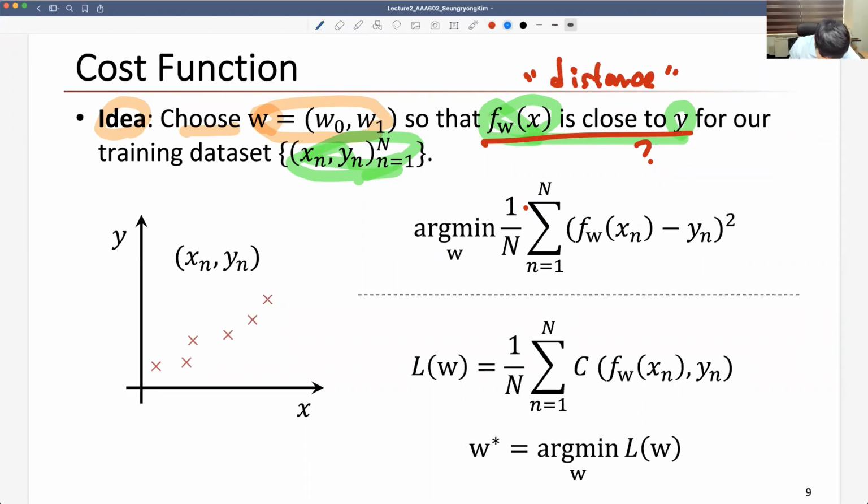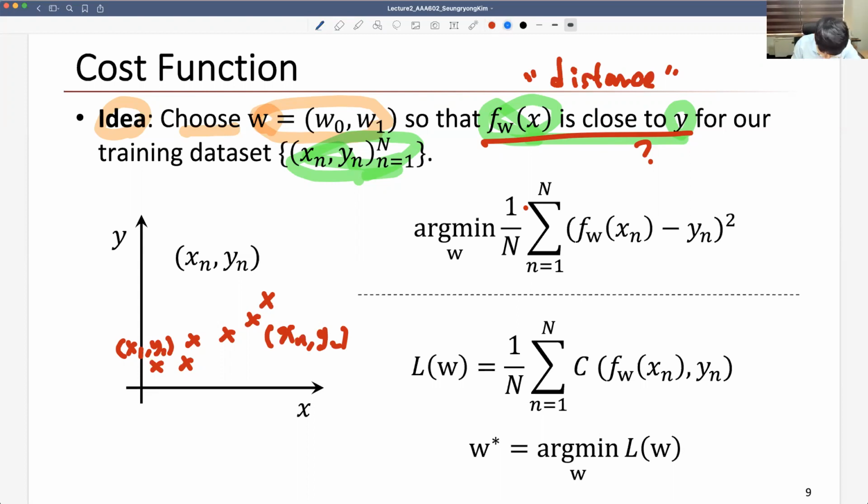So for example, let's say we have a training data set consisting of a bunch of samples, something like this one, this one, this one, this one, this one, and this one, right? Each sample represents (x1, y1) or (xn, yn), right? Then how can we define the distance between the ground truth output and the estimated output?